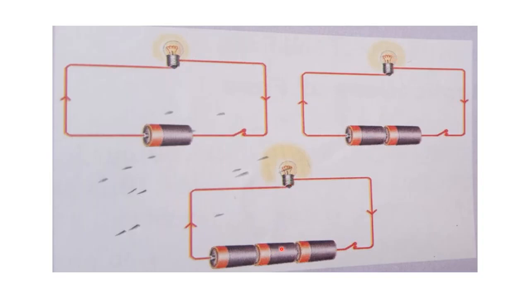The only difference is in the number of cells. In circuit number 1, we have used 1 cell, whereas in circuit number 2, we used 2 cells. Finally, in third circuit, we have used 3 cells.